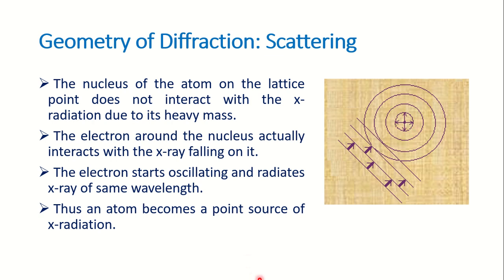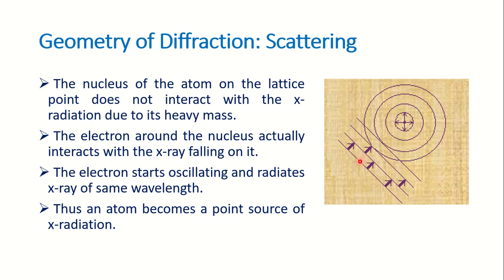So the nucleus of the atom at the lattice point does not interact with the X radiation due to its heavy mass. This is the nucleus, but around the nucleus there are electrons. So the X-ray actually falls on the electrons and interacts with the electrons, because it cannot interact with the nucleus, which is a heavier body. The electron starts oscillating and radiates X-ray of the same wavelength.